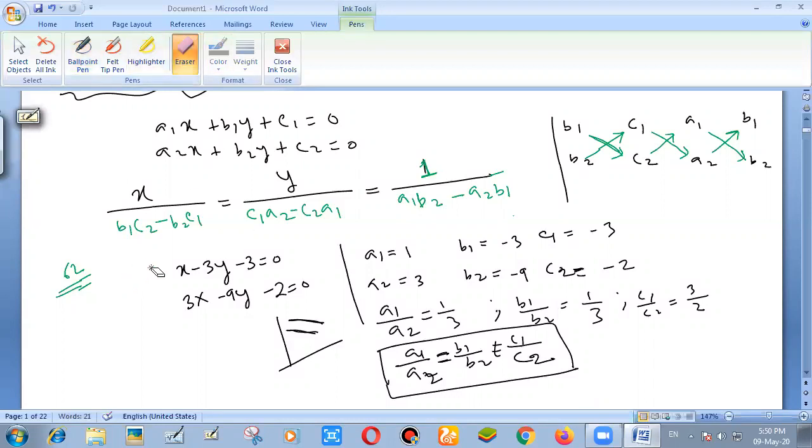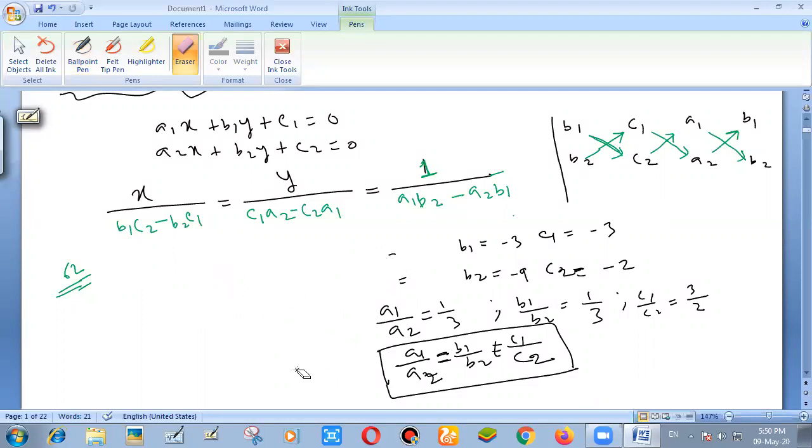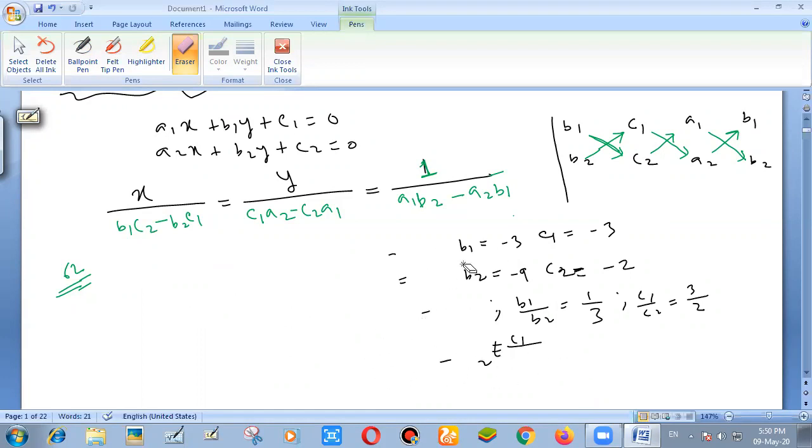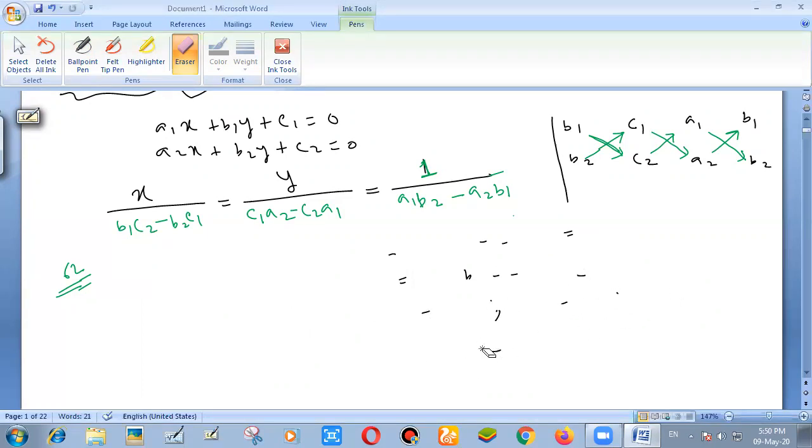Now see question number 2. All of you, see question number 2. Write down the question in your copy. Because in question number 1, we can't apply the cross multiplication method. Why? Because these two equations do not have any solution.